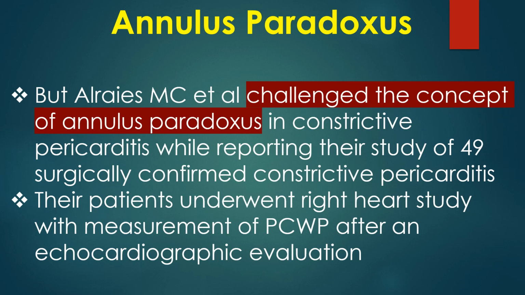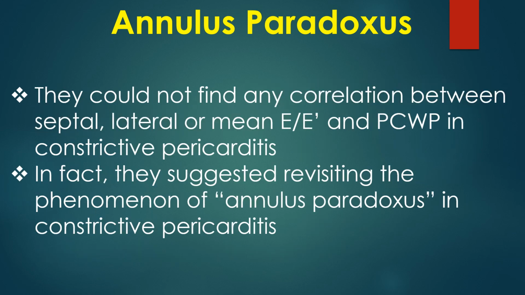Their patients underwent right heart study with measurement of PCWP after an echocardiographic evaluation. They could not find any correlation between septal, lateral or mean E by E prime and PCWP in constrictive pericarditis. In fact, they suggested revisiting the phenomenon of Annulus Paradoxus in constrictive pericarditis.